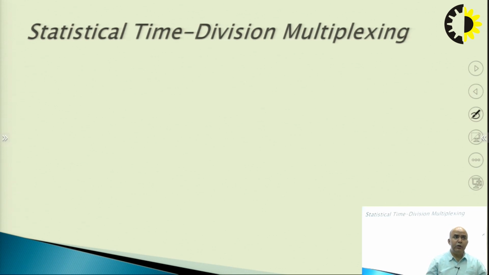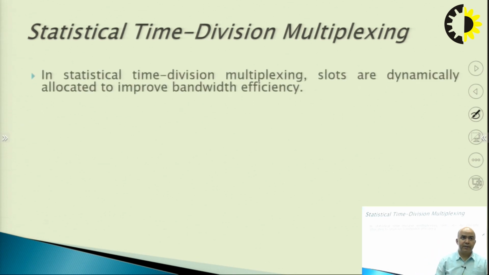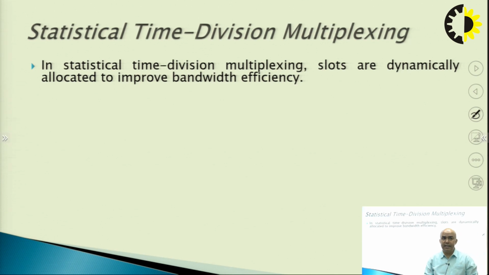Compared to synchronous, where bandwidth is wasted because if any user does not intend to send data they are still forced to send it, in statistical time division multiplexing, slots are dynamically allocated. Okay, so that improves the bandwidth efficiency in STDM.